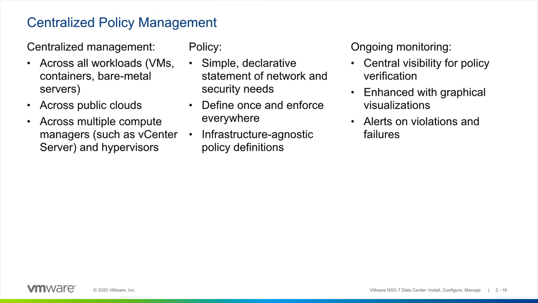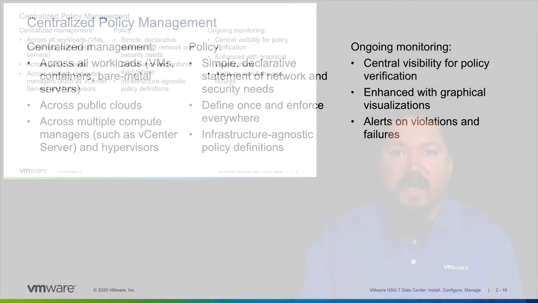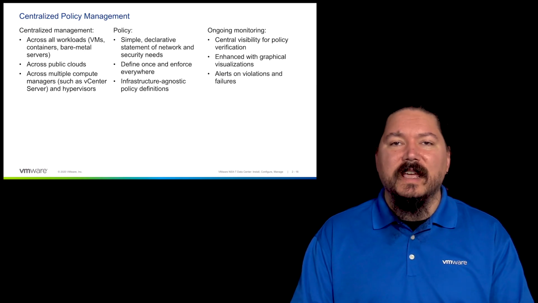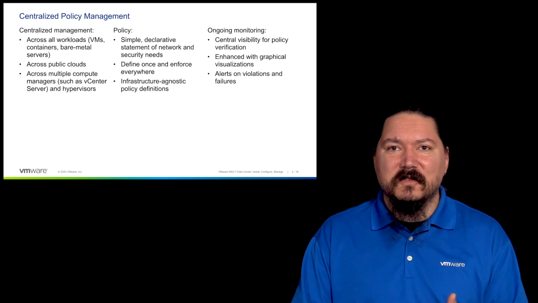We don't want to have to worry about the individual platforms. We have a central way of monitoring and providing visibility to those objects. Again, no matter where they are, we're not going to look at a logical switch on KVM any differently than we would look at that same logical switch on ESXi. So we're abstracting the actual infrastructure into this ephemeral policy infrastructure underneath us.